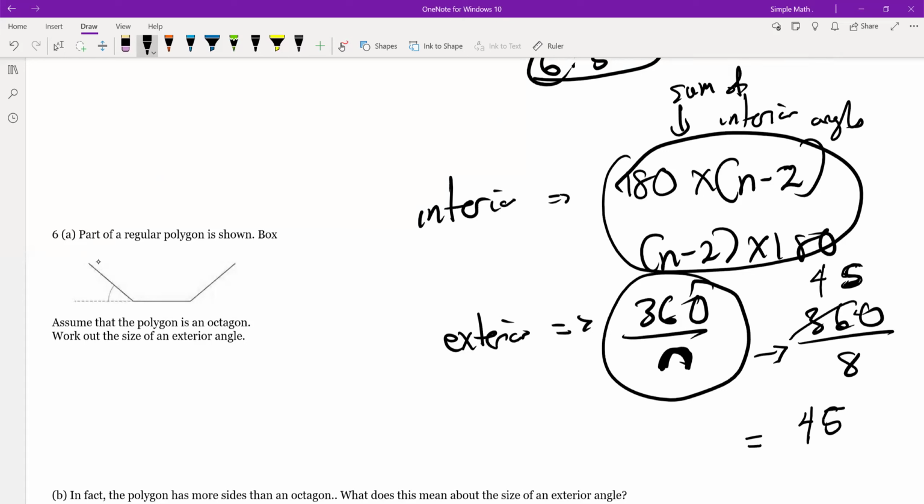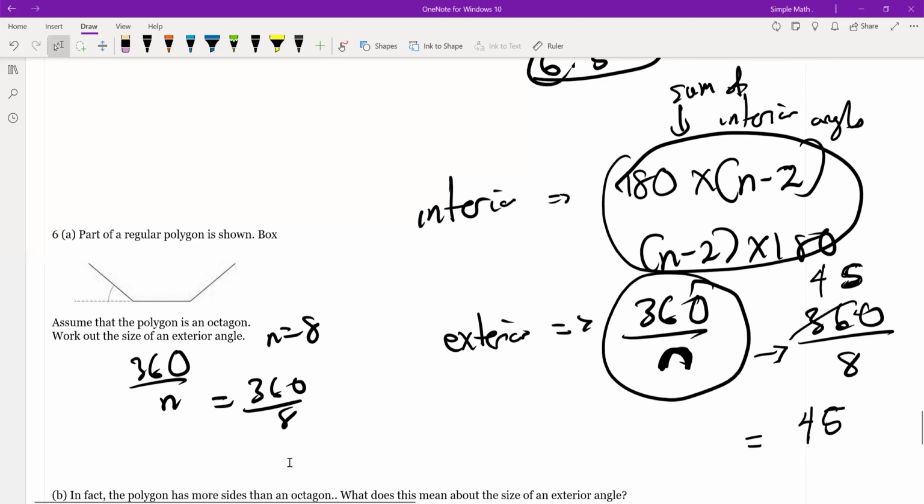So you have to write something like, the formula for exterior angle will be 360 over n, and n is equal to 8 because it's an octagon. And then you do 360 divided by 8, which is going to give us 45. So that's the first part.